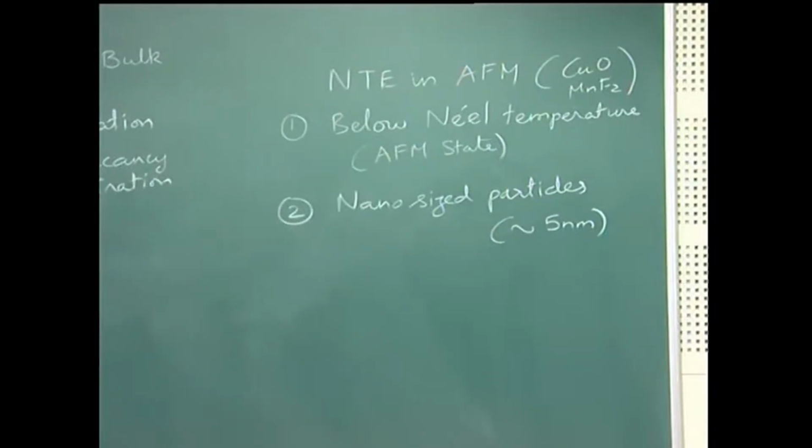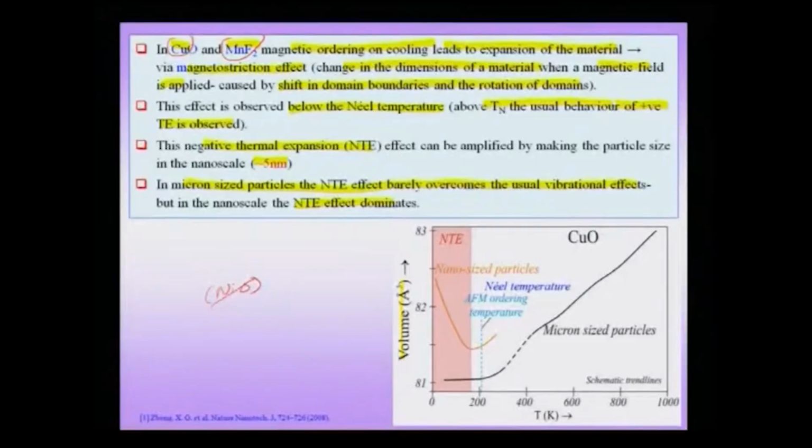Now, if I observe the volume of the crystal with respect to temperature, I would notice that if I take my nano size particles and compare them with micron size particles, in micron size particles you see the normal coefficient of expansion, though there is a pronounced alteration in the coefficient below the antiferromagnetic ordering temperature, which is shown by the vertical dotted line.